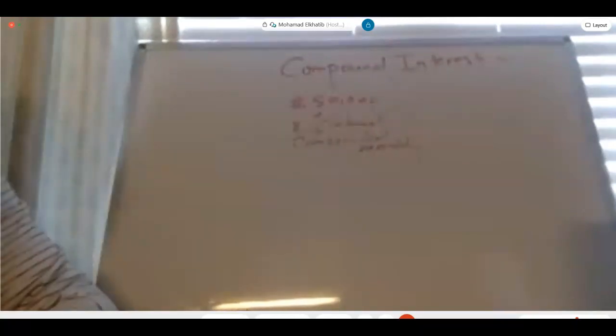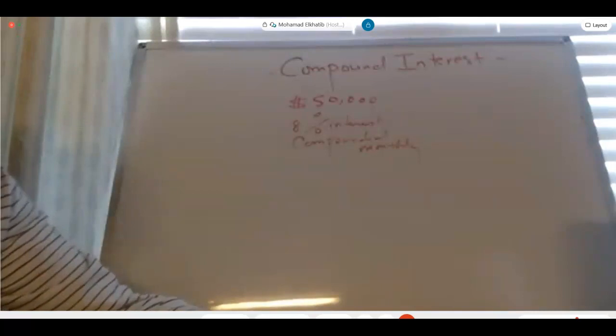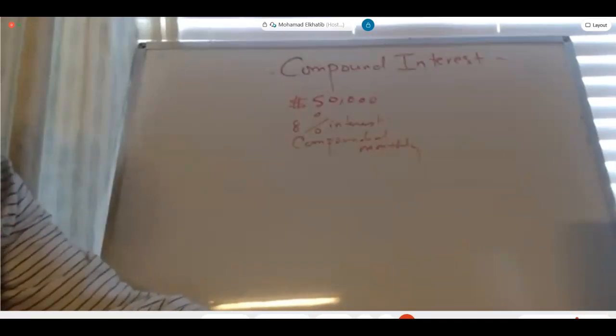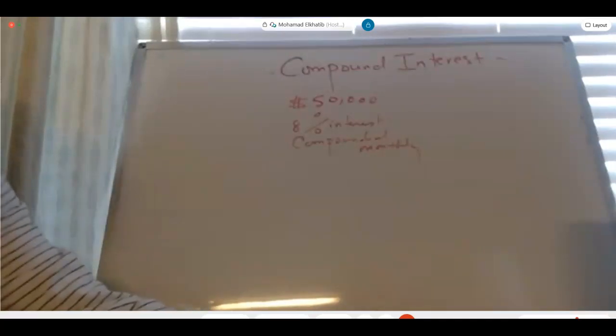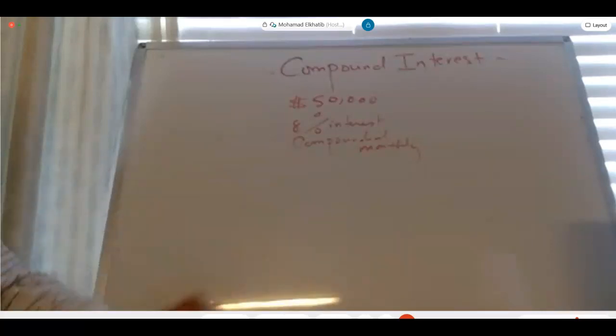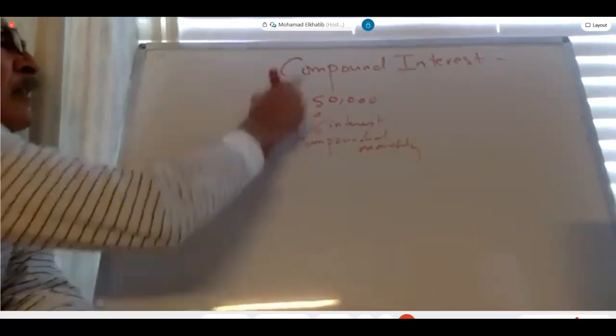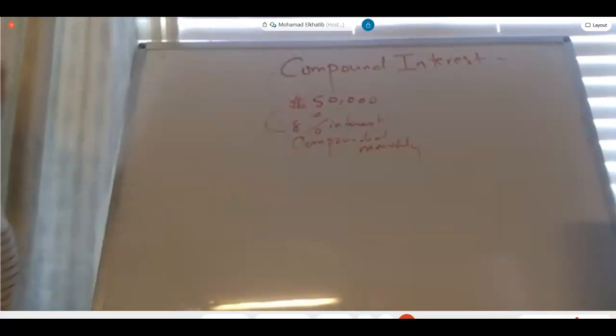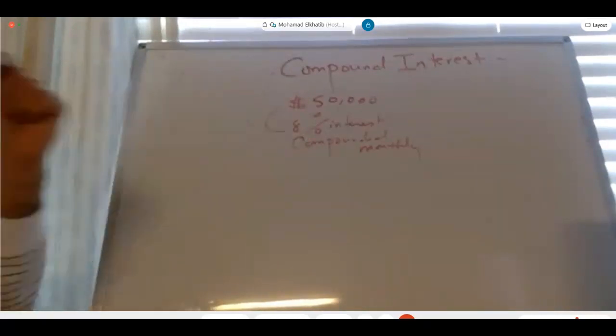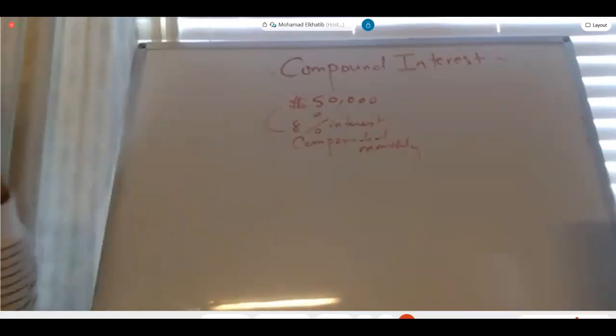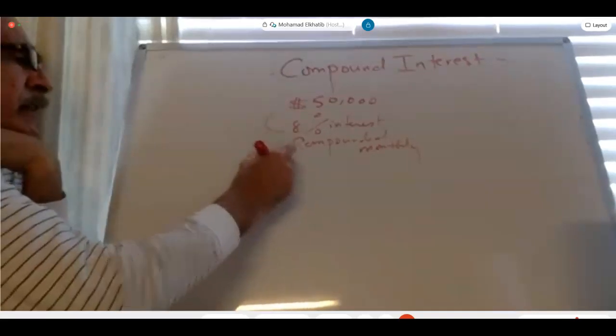Remember, simple interest, if it was 8%, what does that mean? The whole year, for each $100 you pay $8. For the whole year, that's simple interest. Compounded interest, no. Compounded monthly means what? After I pay 8% interest, at the end of the first month, how much would the 50,000 be? 50,400.